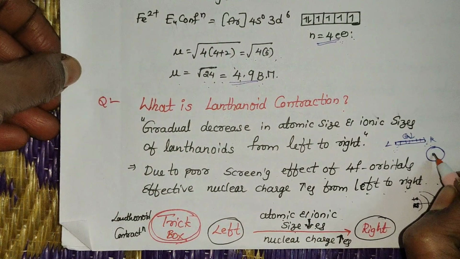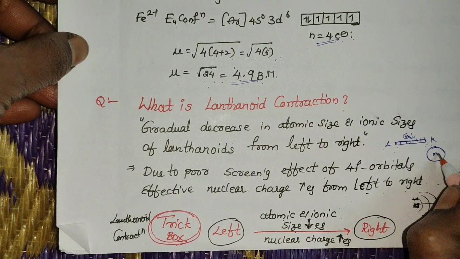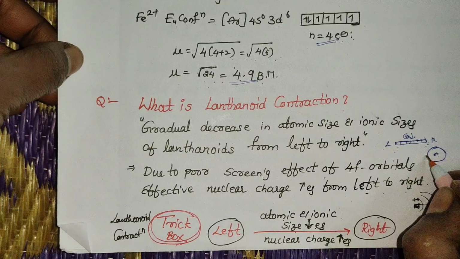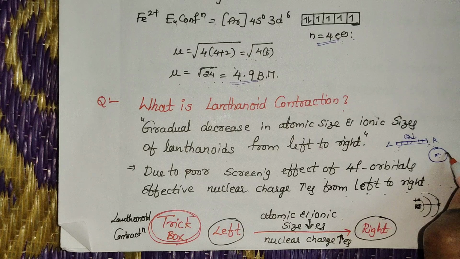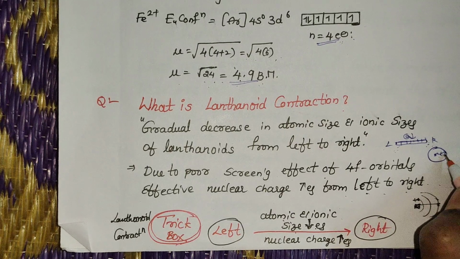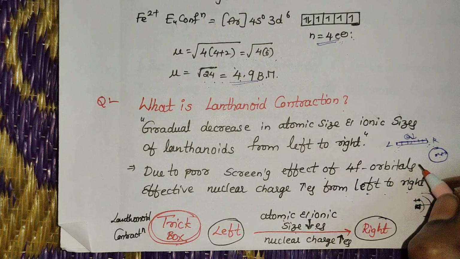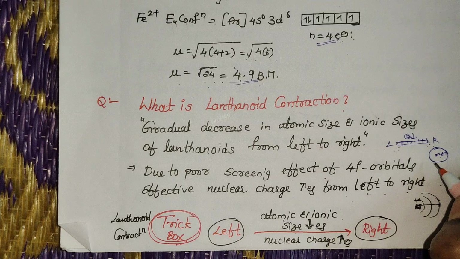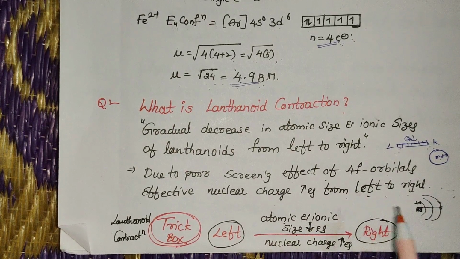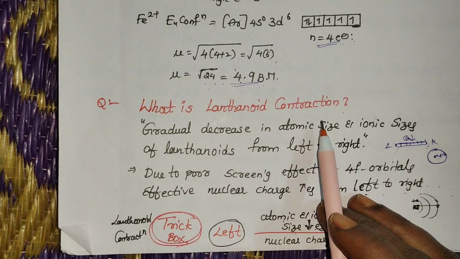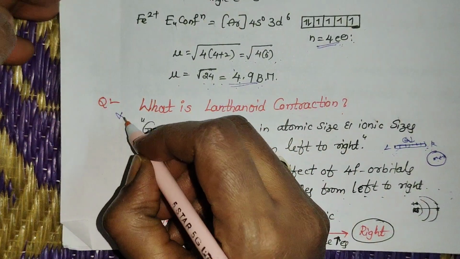When the positive charge on the nucleus increases, it attracts the valence shell electrons toward the nucleus, because of which both atomic size and ionic size are decreased. So the atomic size and ionic size of lanthanides decrease from left to right. This is known as lanthanide contraction, right? It is also an important bit.